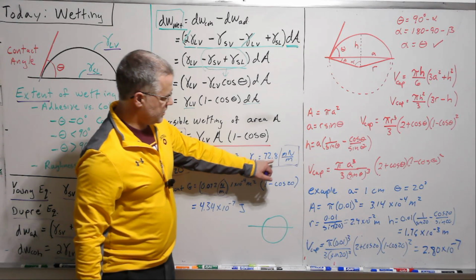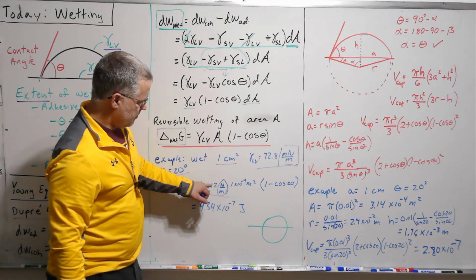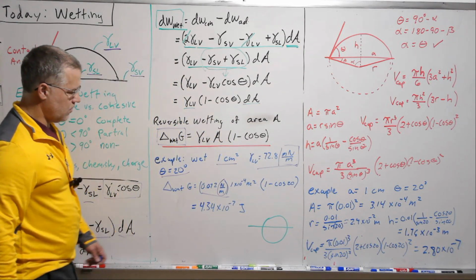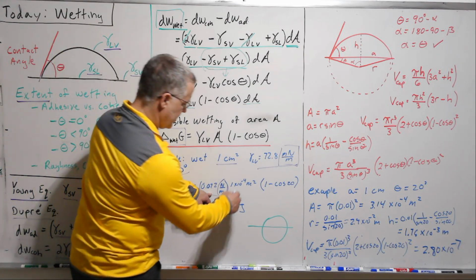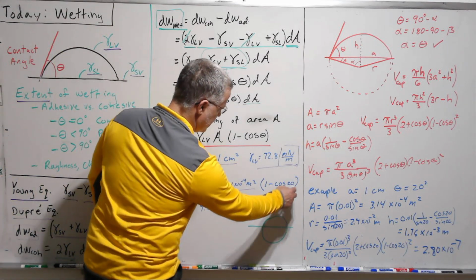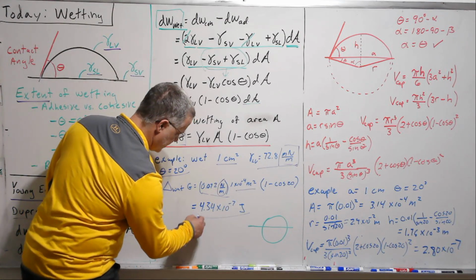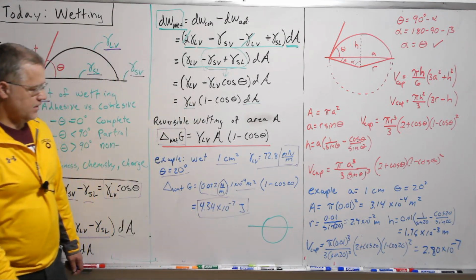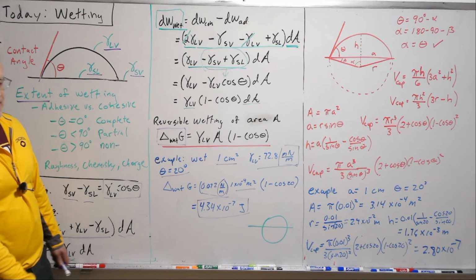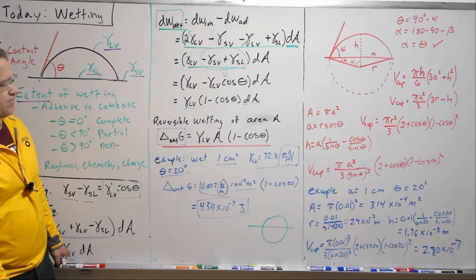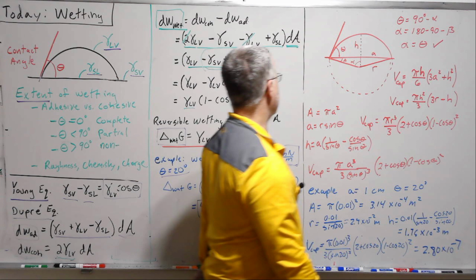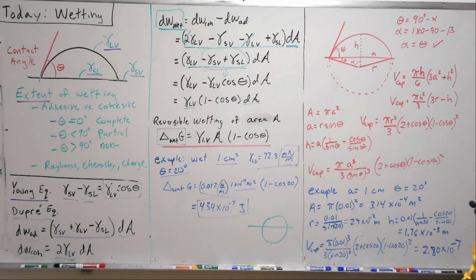Here we were given this in millinewtons per meter, so converting to newtons, and then converting the square centimeters to meters, and then this is unitless. So I think we end up with 4.3 times 10 to the minus 7 joules there. So you can just check that with your calculator.